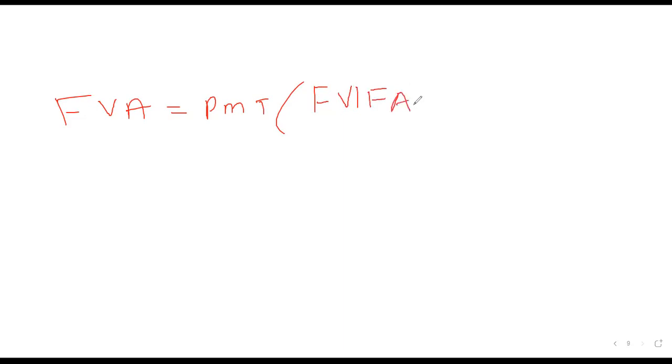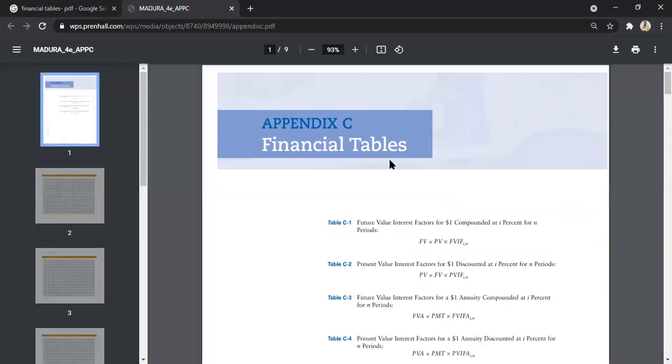Here we check under what percent? 10%. And under the period of 3 years, 3. So you go to the table. This is a table we'll be given. It's called a financial table.